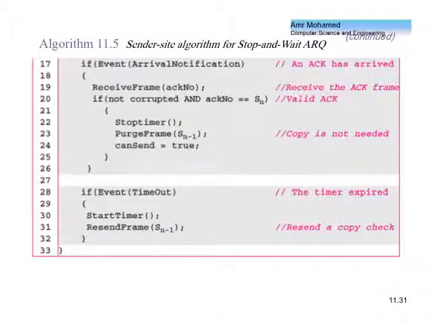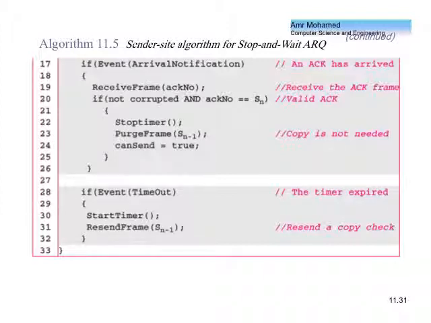And if an error happens, there will be a timeout again, meaning that I will send sequence number minus 1 and start the timer, and I will keep doing this until this frame arrives at the receiver successfully.